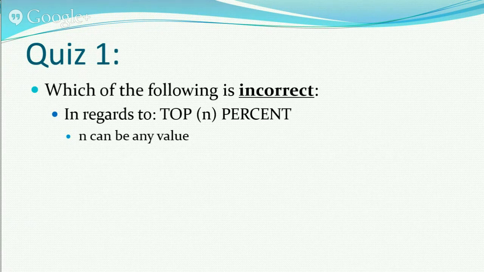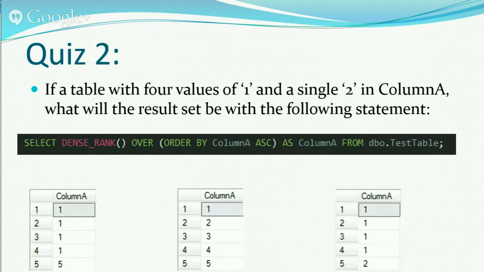All right. So the next question is, if a table has 4 values of 1 and another value of 2 in column A, what will be the result set with the following statement? Select dense rank over order by column A ascending as column A from test table.